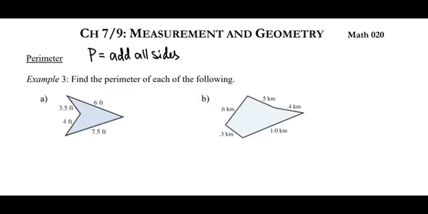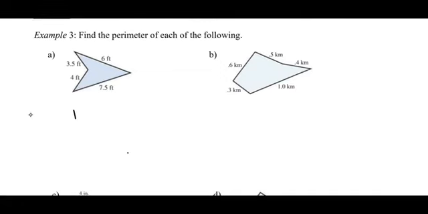We are going to find the perimeter of each of the following. Okay, so here we have an irregular shaped figure, looks like a little paper airplane. We have each side, so to find the perimeter, you're just going to add all the sides together. So start with 3.5 plus 6 plus 7.5 plus 4.